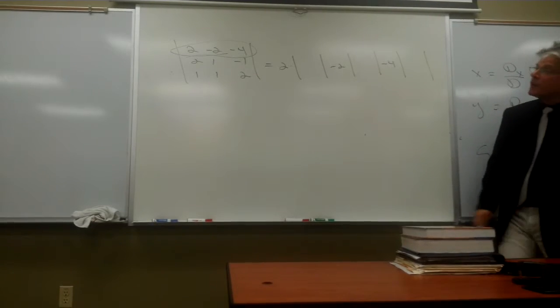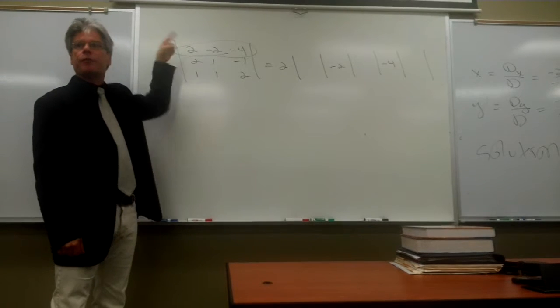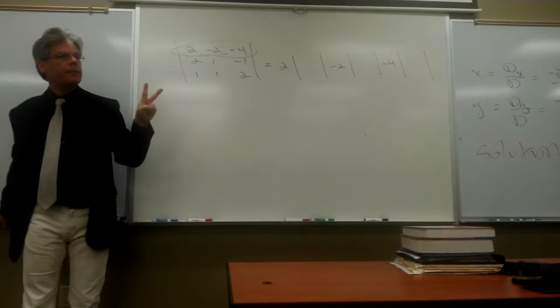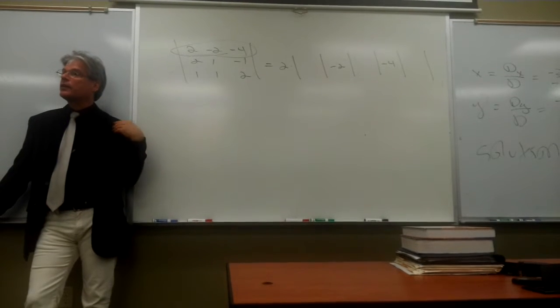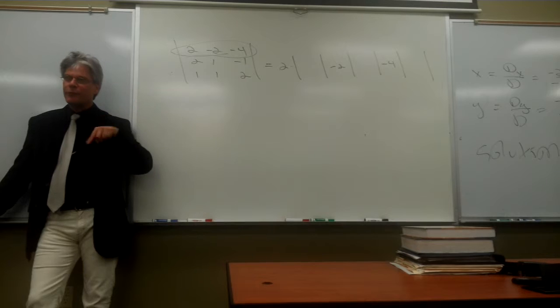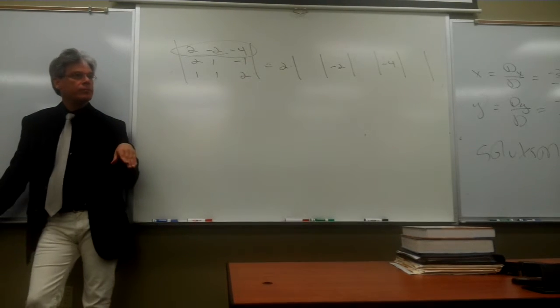However, when it comes to that very first entry, 2, let's talk about its position. That's in the first row, first column, isn't it? Take 1 plus 1 and you get 2. Raise -1 to the power and you get 1. Positive 1, no sign change.